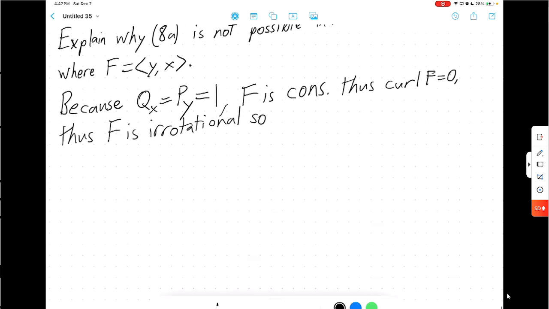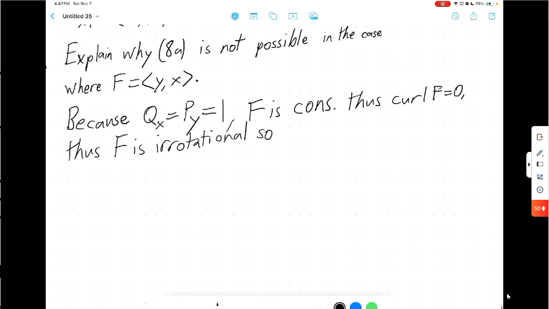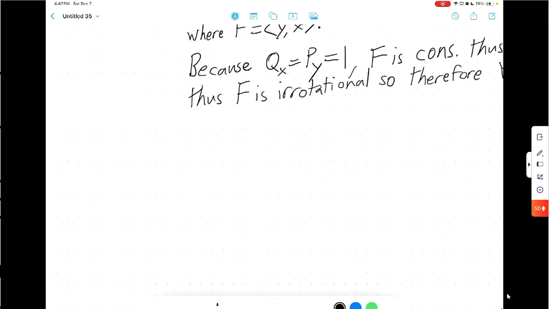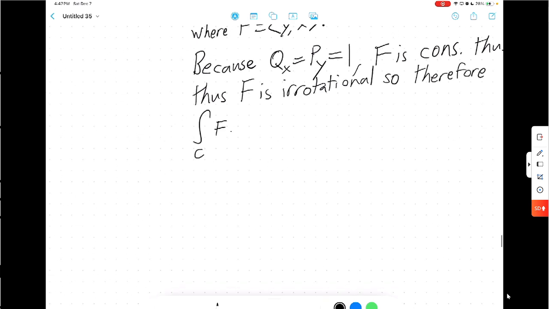Therefore, for any curve C, the integral of F dot dr is either only positive or only negative.